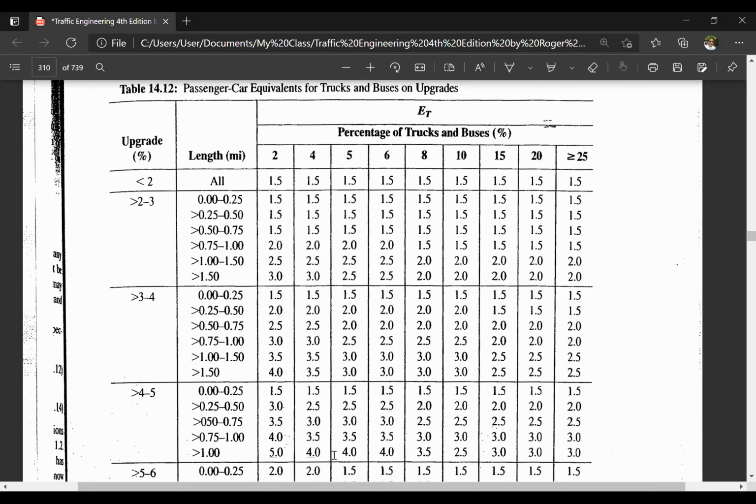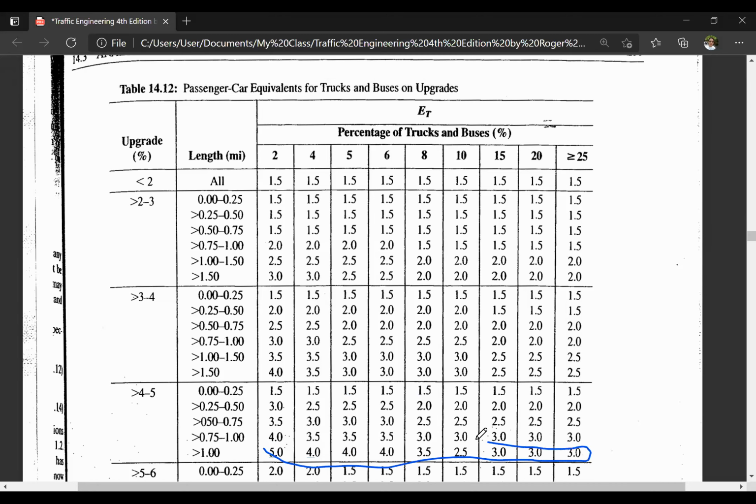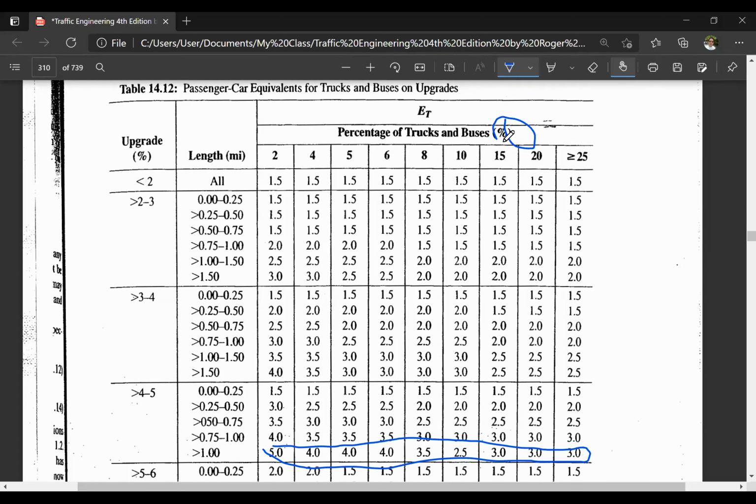But it's along this number. If the question gives you the percentage, so if it's given 10%, 2.5 is the ET.